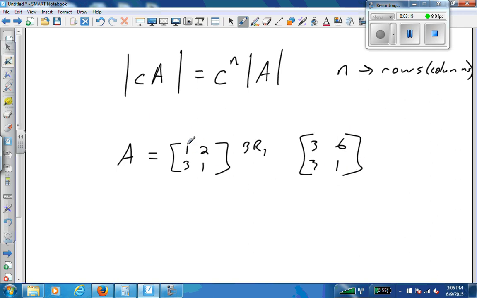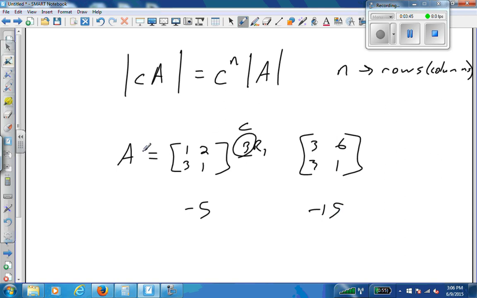Then the effect that had was, notice 1 minus 6 is -5. Here, 3 minus 18 is -15. So when we multiplied a single row by a scalar, it just increased our determinant by that factor. If we call that C, it increased it by a factor of C.